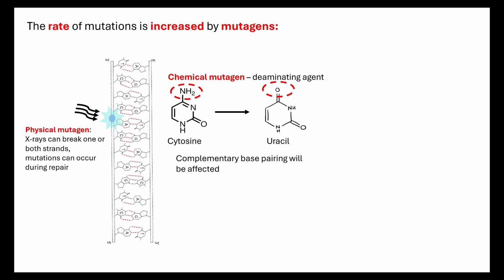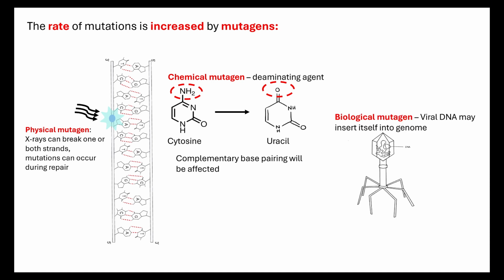Before, the cytosine would have paired with guanine, but now because of this deaminating agent, instead of it being cytosine with guanine, we've now got uracil with adenine. Well, therefore, we are now changing that base sequence. So that could be a way in which we are increasing that rate of mutation.